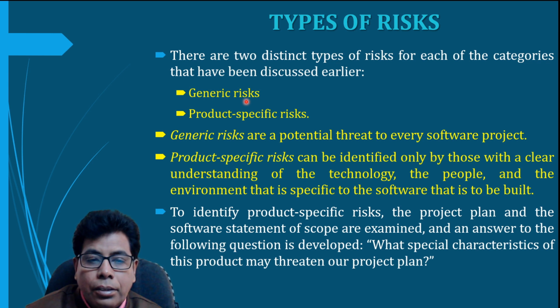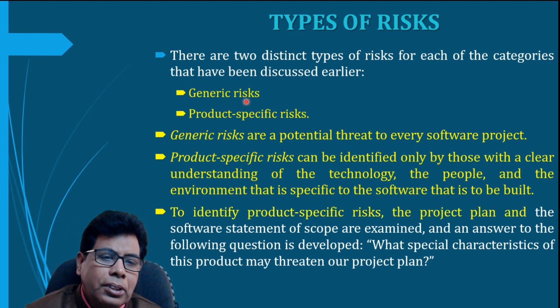The people here means the software team, and the environment means the different platforms and other things. So if a person knows the technology, the software team and the environment, he can identify the product-specific risk.